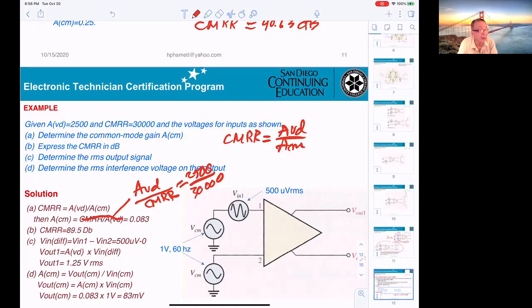Then VR1 equals AVD times V in differential, so that's why you get 1.25 VRMS. And they also calculate the ACM V out for ACM and give you 83 millivolt. So everything looks okay, except the formula has a typo error.